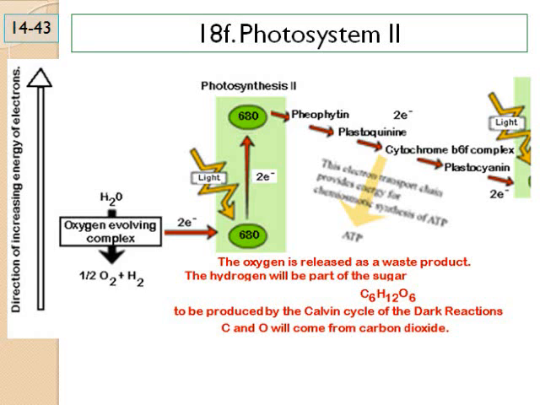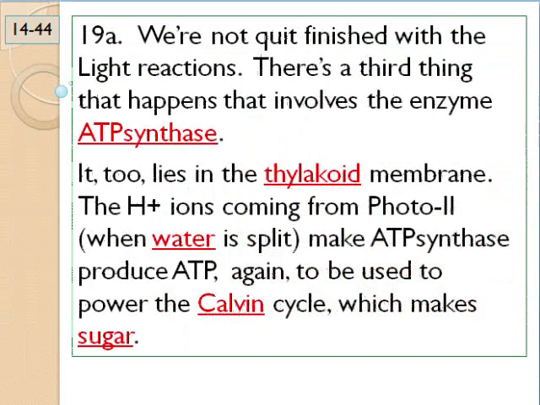Okay? Now, the electrons right here, he's not done. He enters photosystem I, and he goes again. Now, the light reactions involve those 2 photosystems, one involving the 680 wavelength and one involving the 700 wavelength.